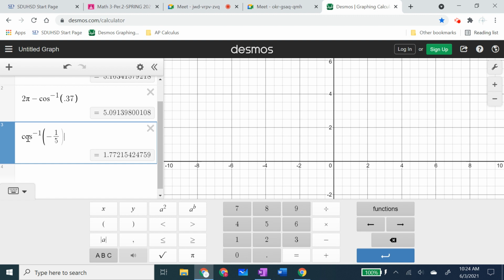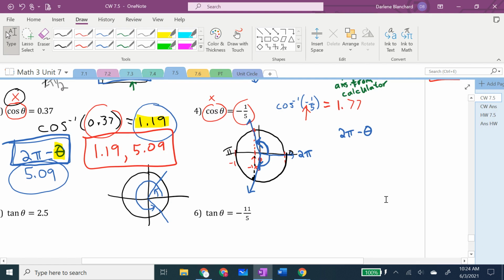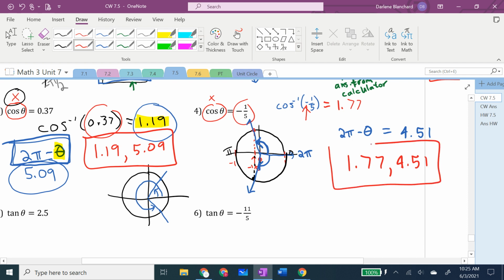And then the second angle is found by doing 2 pi minus that. So 2 pi minus, and 4.51 is the other angle. So that gives me an answer of 2 radian measure angles that solve this equation.